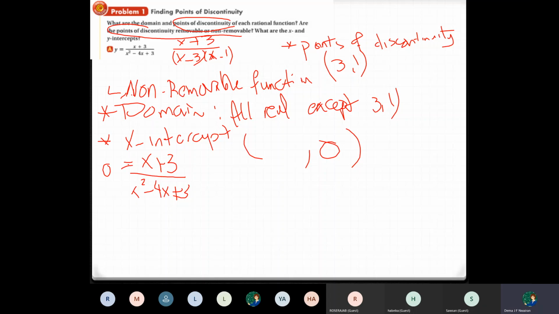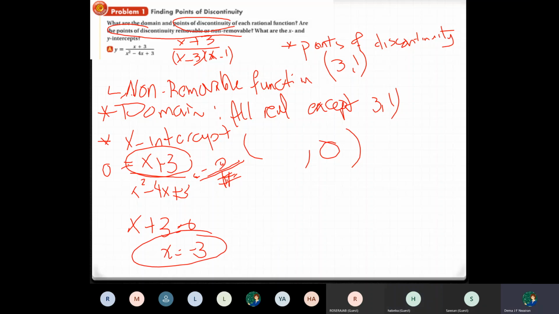Now, 0 over anything is 0. So y will be 0 if the numerator is 0. So x plus 3 equals 0, so at x equal negative 3, we have the x-intercept.